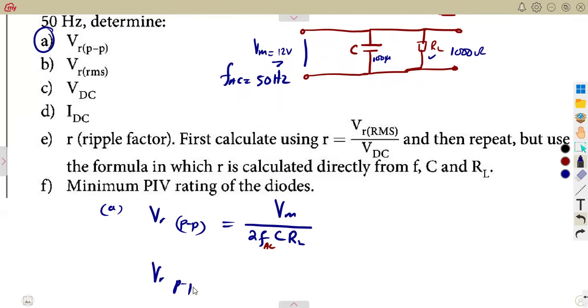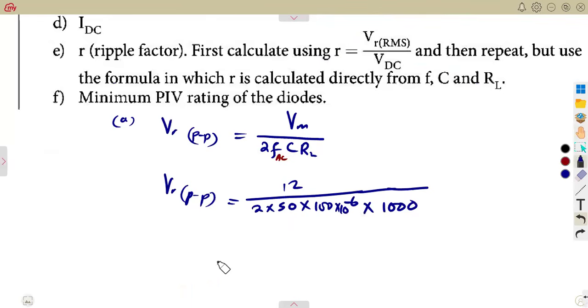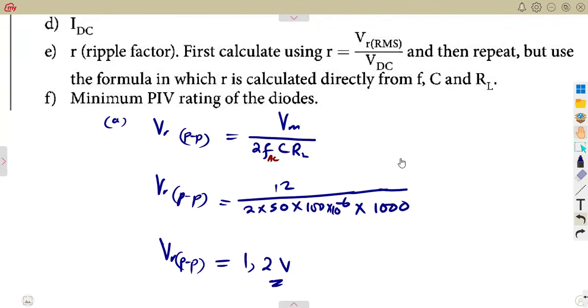So the ripple peak-to-peak voltage is 12 over 2 times 50, our AC frequency, times the capacitance value of 100 microfarad times 10 to the exponent of -6, times RL, the load resistor, which is 1000. With this, you are going to obtain 1.2 volts if you simplify this properly.